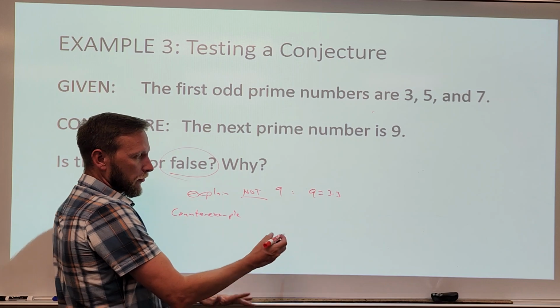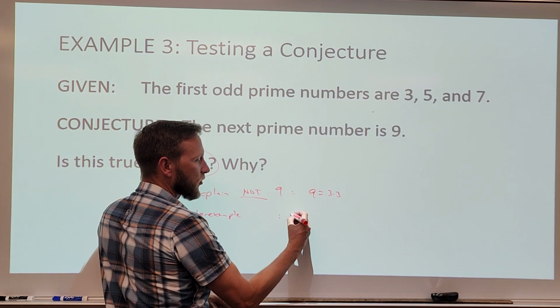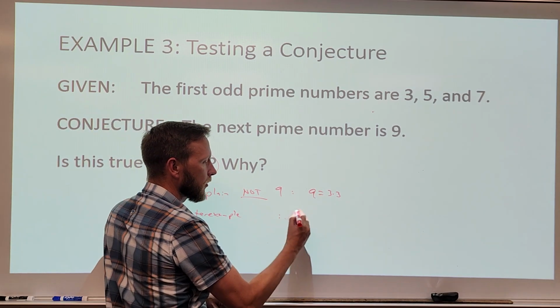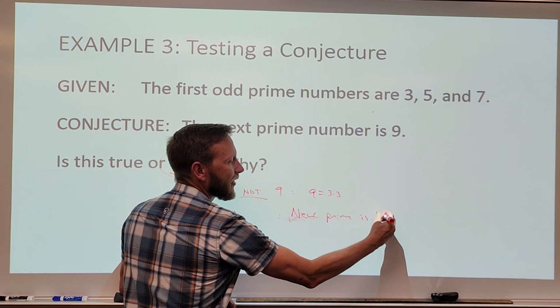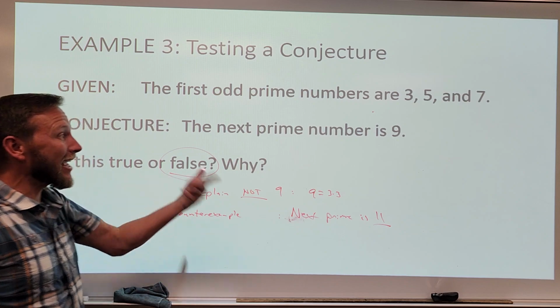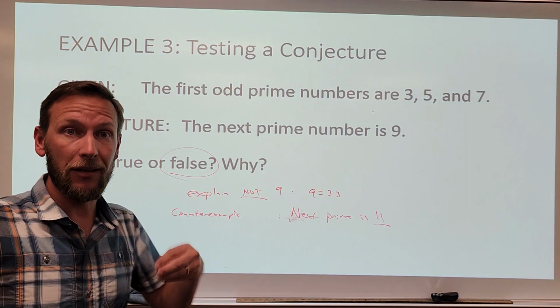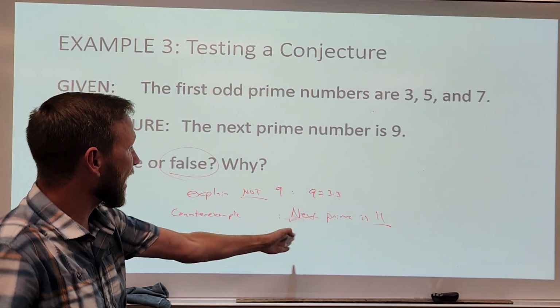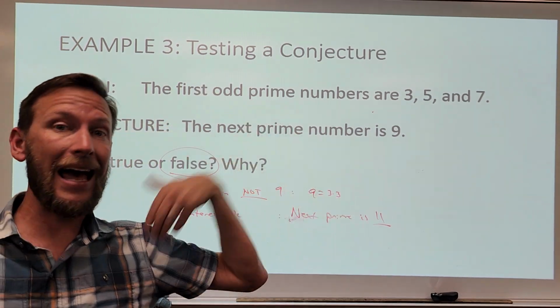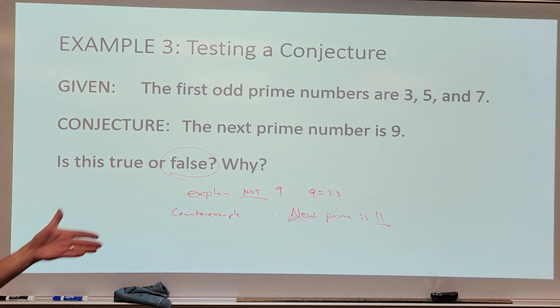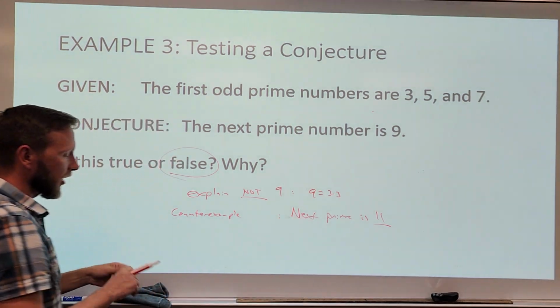And the counterexample for not 9 would be to say the next prime, whoops, handwriting, the next prime is 11. And you're actually saying, well, 9 is not the next prime, 11 is. You're providing the example that actually correctly answers the prompt. You're accurately and correctly predicting what the next thing is.